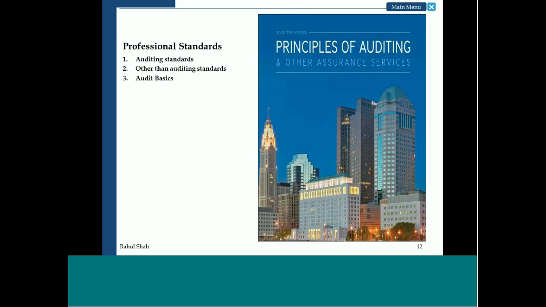First is with respect to auditing standards, which we say GAAS. Other than auditing standards, a different bunch of literature is available with respect to different services. As a CPA, we don't only provide auditing services. There is a big bunch of services we can provide.